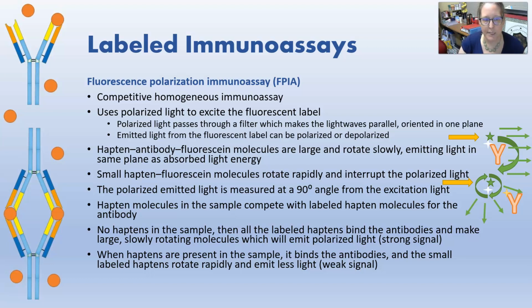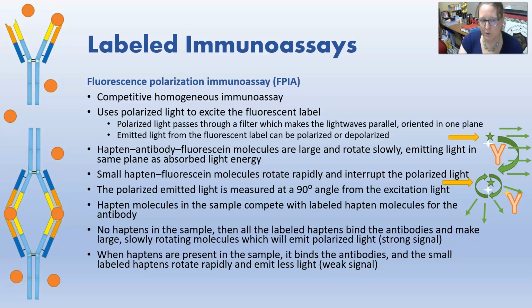So then you have the hapten antibody fluorescein molecule. They're large, and therefore they rotate slowly, so they can emit light in the same plane as the absorbed light energy, and it can be detected. But the small hapten fluorescein molecules are really small, so they rotate really rapidly and they interrupt the polarized light, and they basically emit no signal.